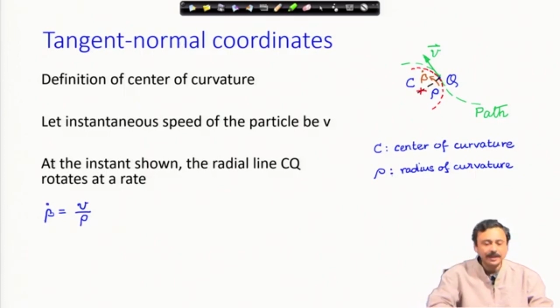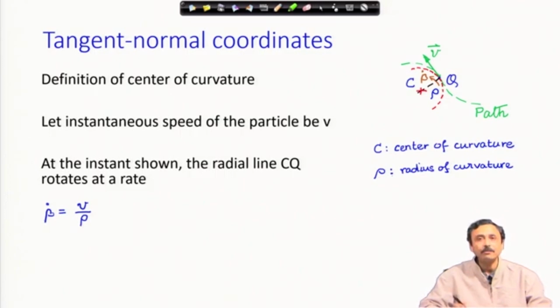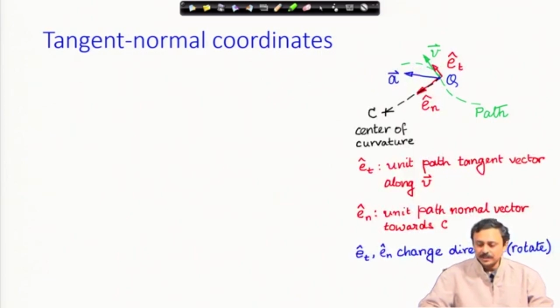I can represent the rate of rotation at that instant as beta dot. I have shown that beta dot on the figure, and beta dot is the speed divided by the radius of curvature. So, that is the rate of change of the angle that the line makes. Okay, with that definition, now let us come to this figure.